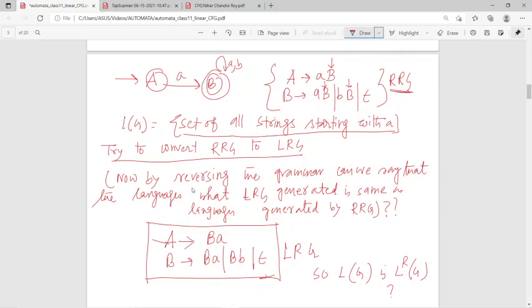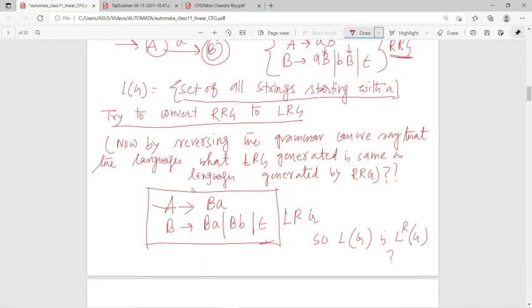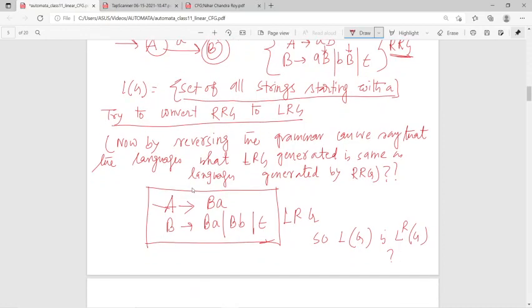That means A goes to Ba, and we are replacing B every time. That means it will always end with a.